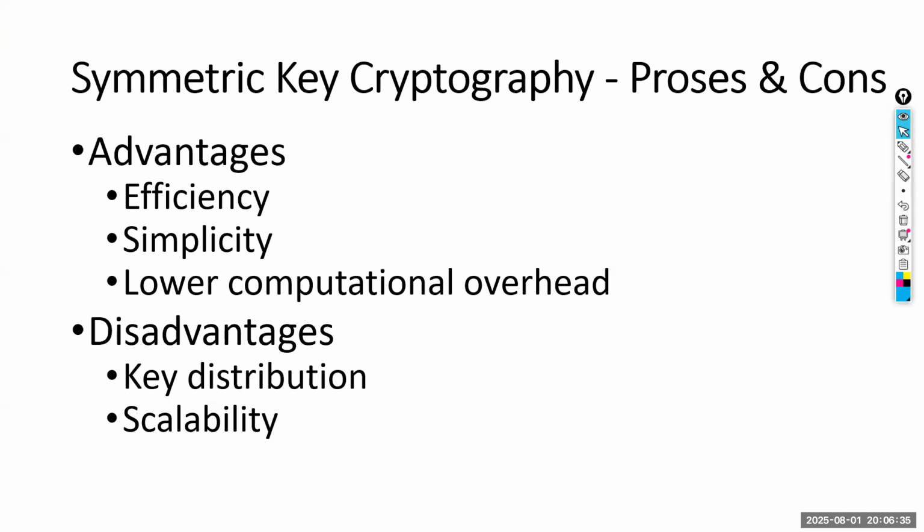Therefore it's efficient as well. But this approach has a serious drawback, that is the key distribution issue and scalability. We will look at those disadvantages at the end. That is why, to overcome these disadvantages, we have another approach called asymmetric key cryptography, which is our next topic anyway.